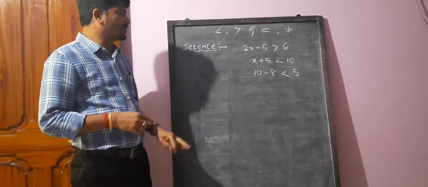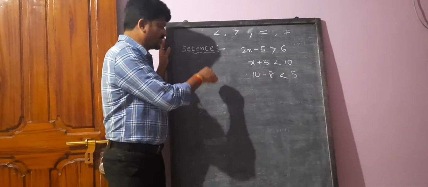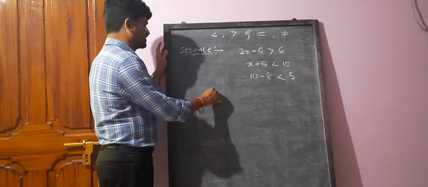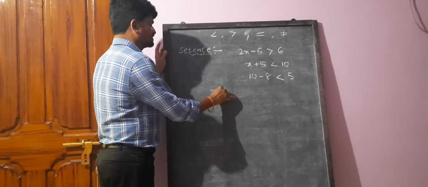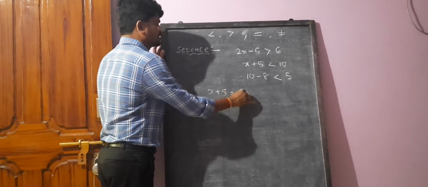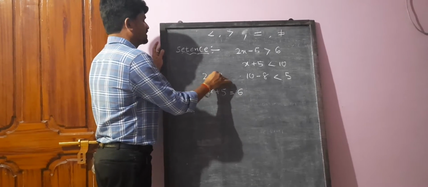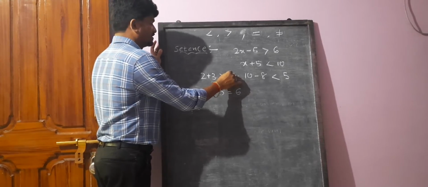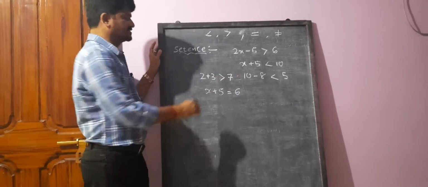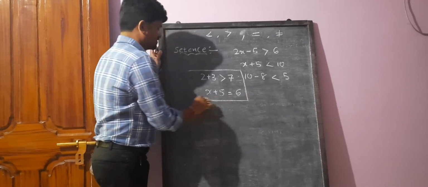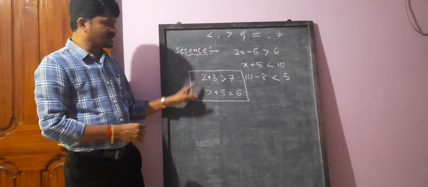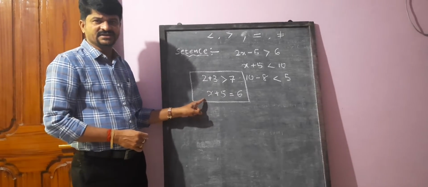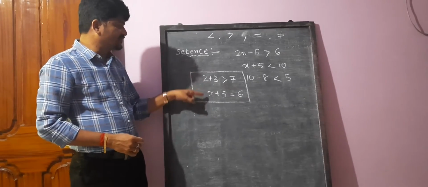Now, if I write two sentences here, first one is x plus 5 is equal to 6 and 2 plus 3 is greater than 7. Children, observe clearly. This is also a sentence. What difference can you see between these two?